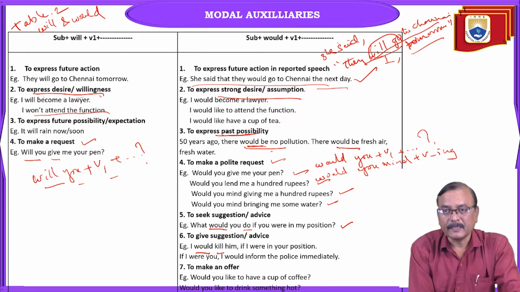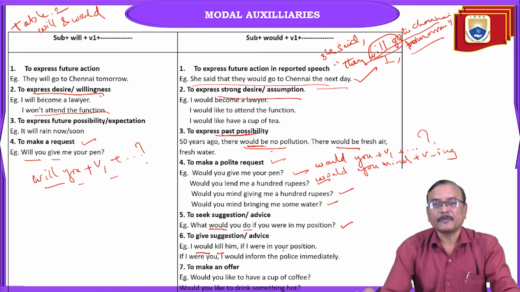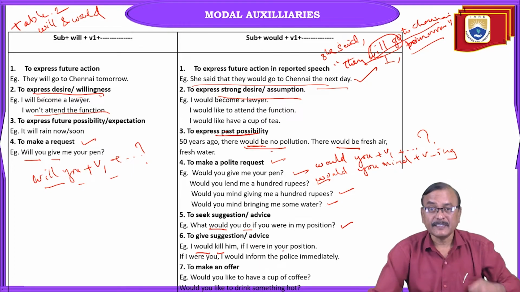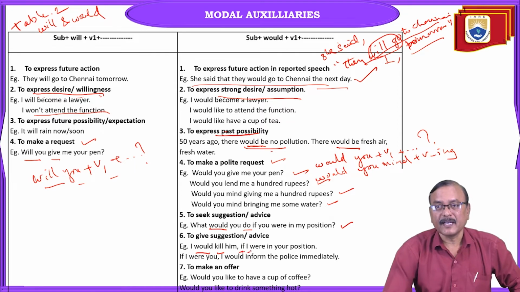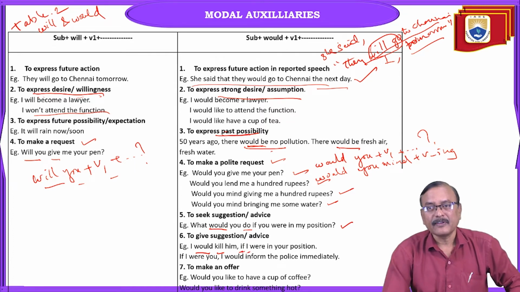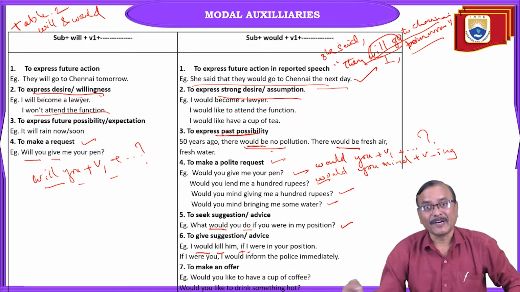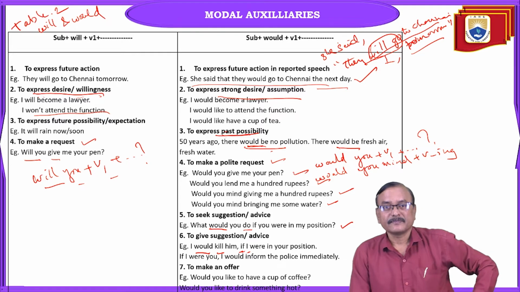I would kill him if I were in your position. Don't say "if I was." After "if," even though the subject is singular, I, don't use "was." If I were, if you were, if he were only. Don't say "if he was."